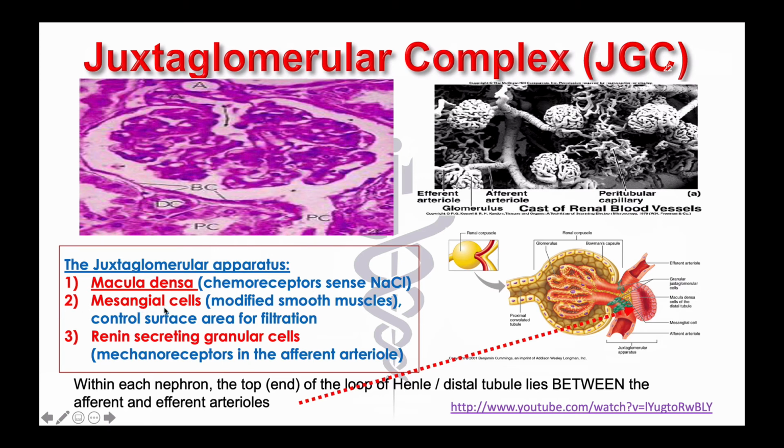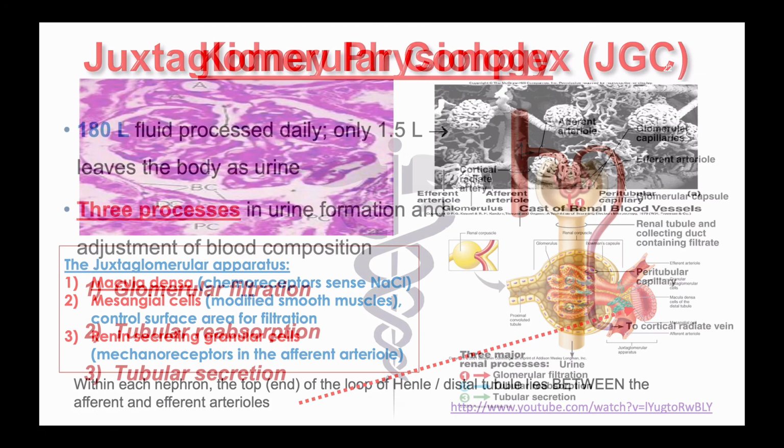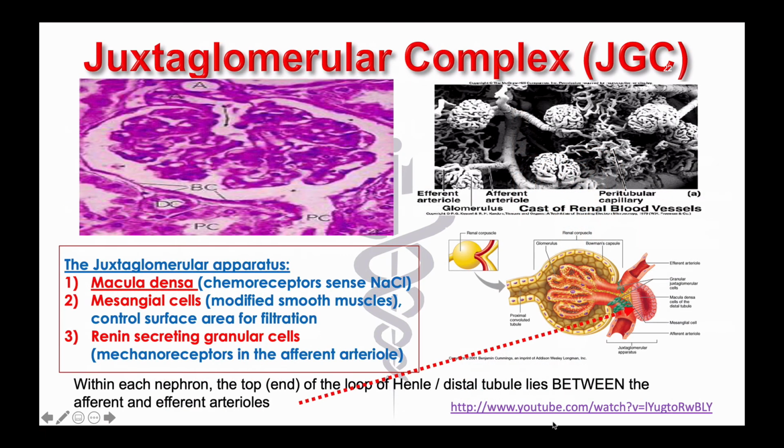Mesangial cells are modified smooth muscles that control surface area for filtration, and the renin secreting cells feel the pressure, acting as mechanoreceptor cells in the afferent arteriole. So this is how the juxtaglomerular complex works. Maybe you can click this YouTube link and watch.